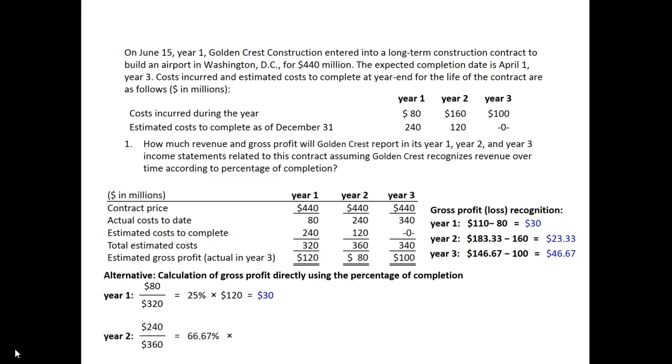In year 2, we're going to show $53.33 million. And in year 3, $23.33 million. And then in year 3, we will take the difference, $46.67 million would be our gross profit.